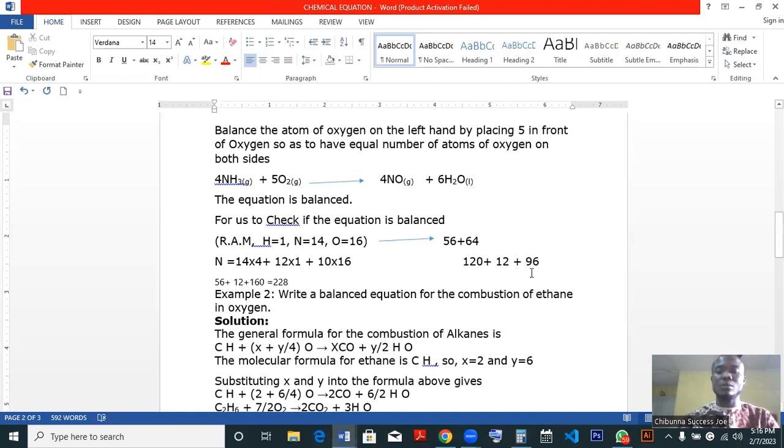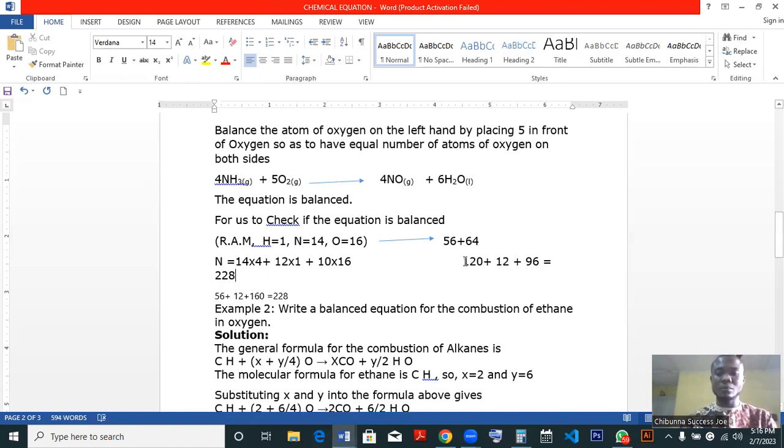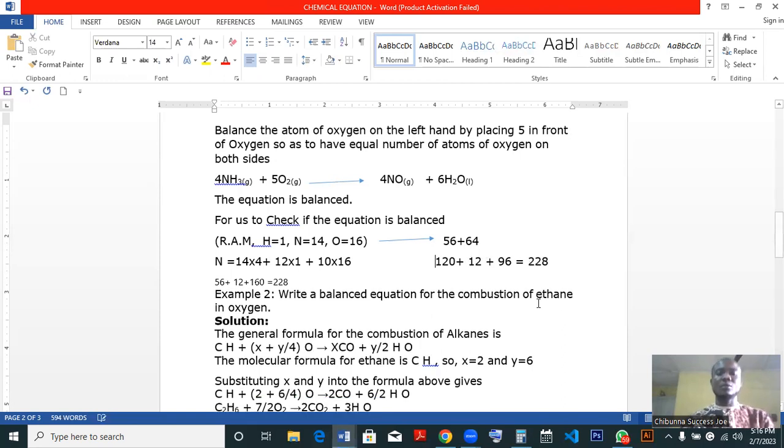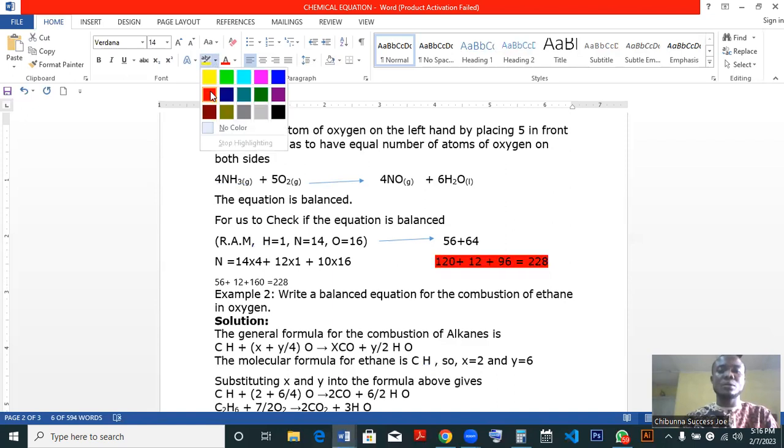So you can see that on both sides we have 228. On both sides now we have 228, for the products and for the reactants.